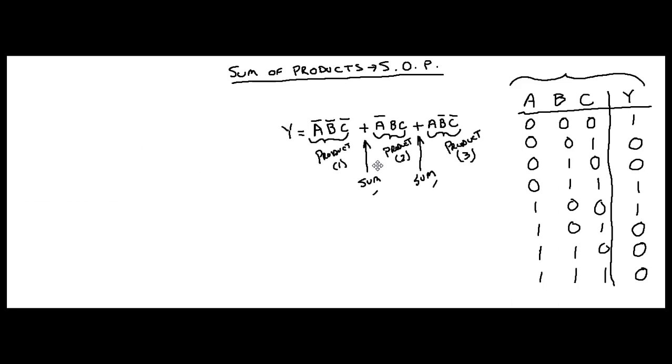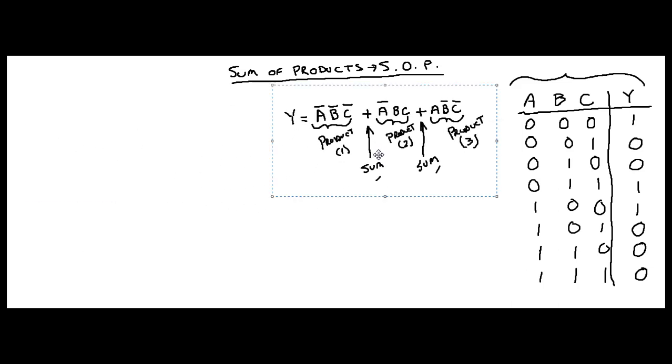Sum of products, remember, is taken when Y equals 1, okay? There's another term called product of sums. That's different, but that's utilized when Y equals 0, all right? That's something else we're going to get to in a minute. But remember, sum of products is when Y is equal to 1.